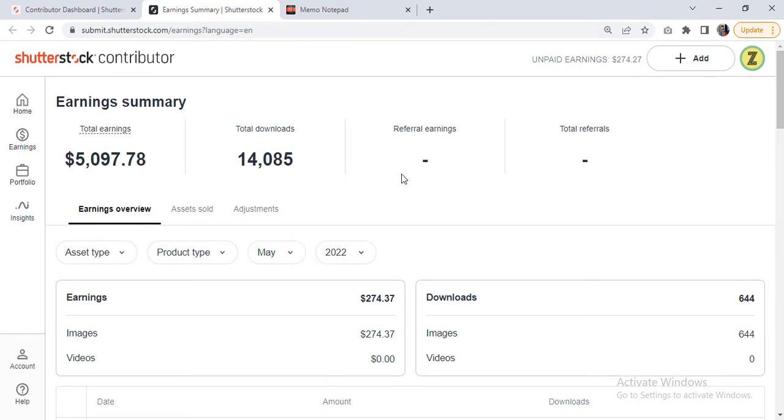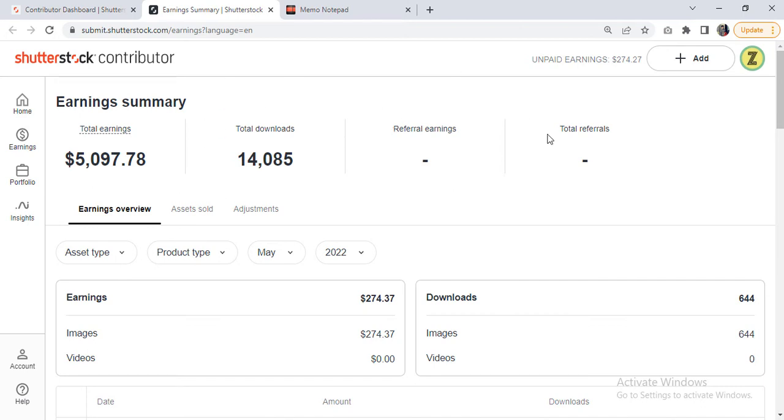So I was thinking that I should give you an update regarding my earning this month, and then in the second part I will share another strategy with you, or you could call it a useful tip, which you could follow in order to improve your earning potential with lesser effort. Okay, so let's get started.